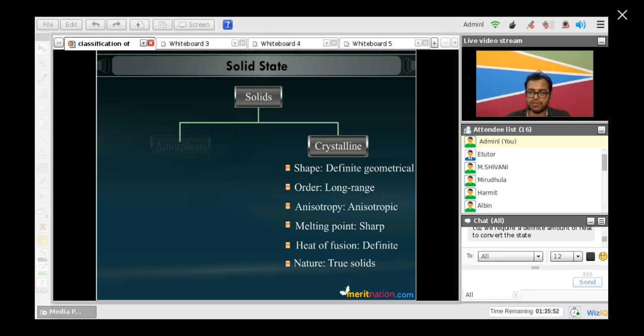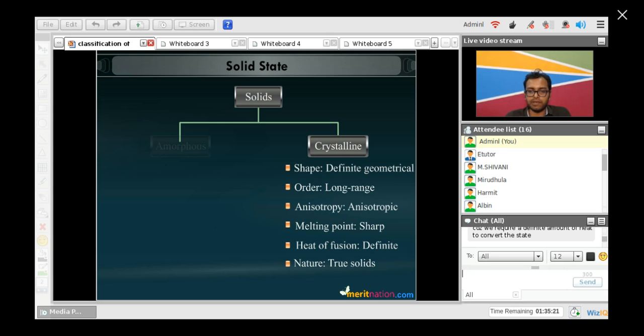And why does it have a sharp melting point? The reason for the sharp melting point is also the same, because the same kind of bond exists, and the heat of fusion is definite because different unit masses require the same amount of heat to get converted from solid to liquid state.